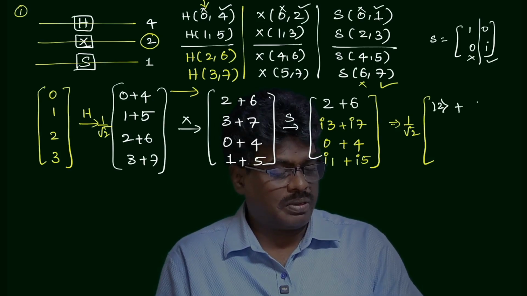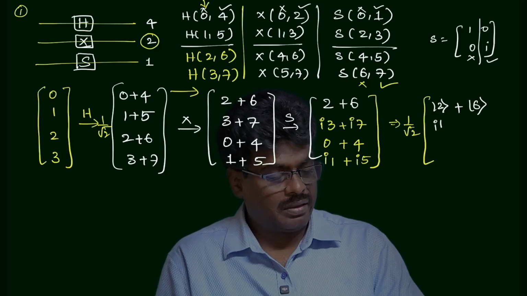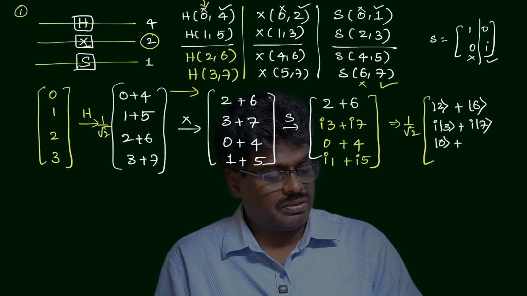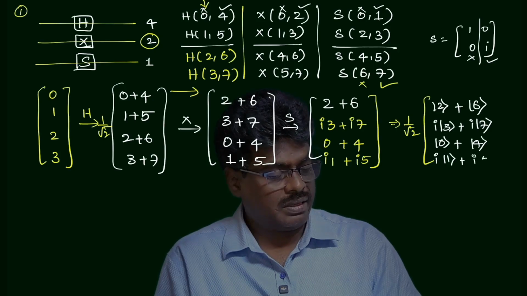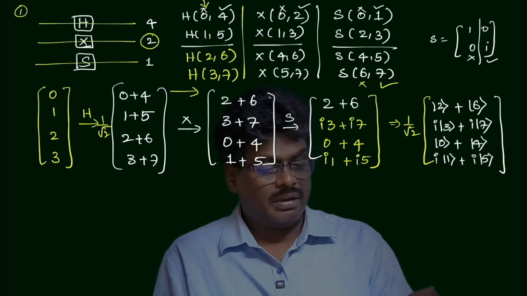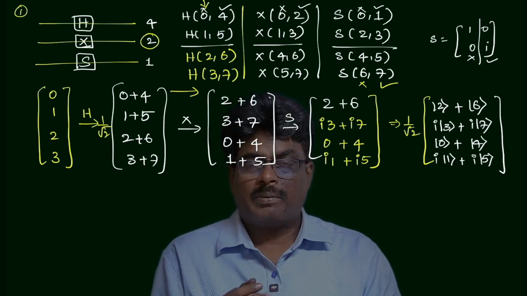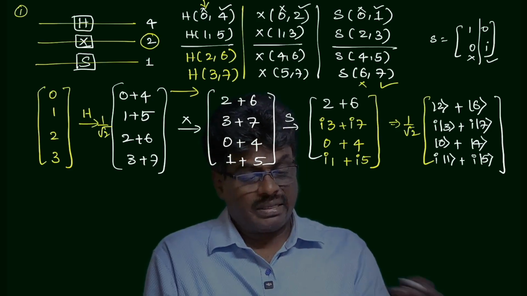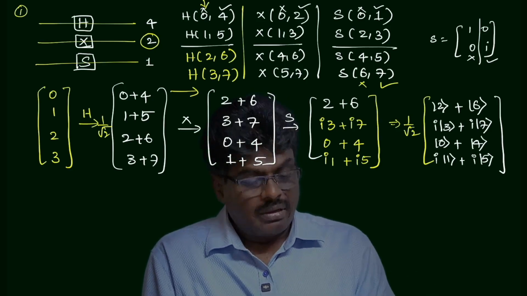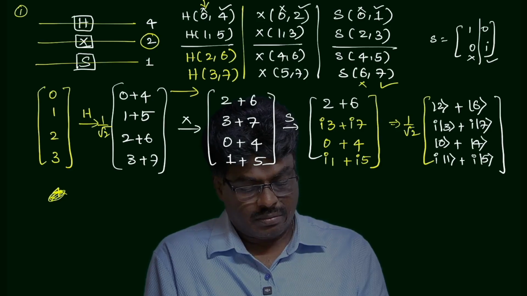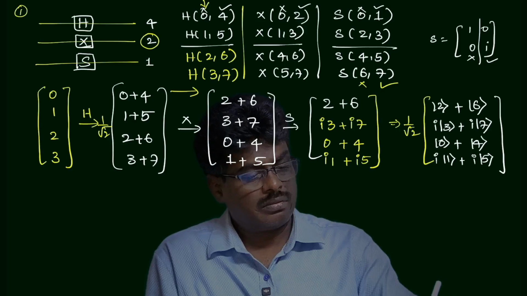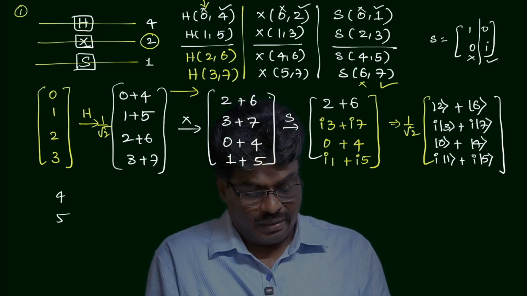This is 2 plus 6, and i is a phase factor, and here 0 plus 4, and i1 plus i5. I told you earlier, whenever Hadamard operations are there, it's very easy to write the rest of the states. For the rest of the states, take the second elements in that ordered pair: 4, 5, 6, 7.